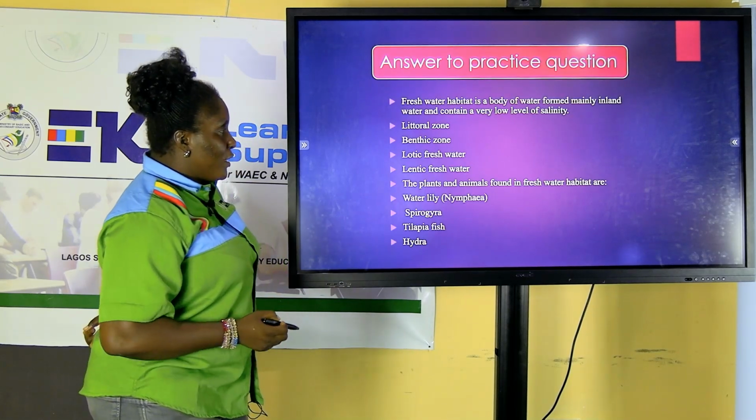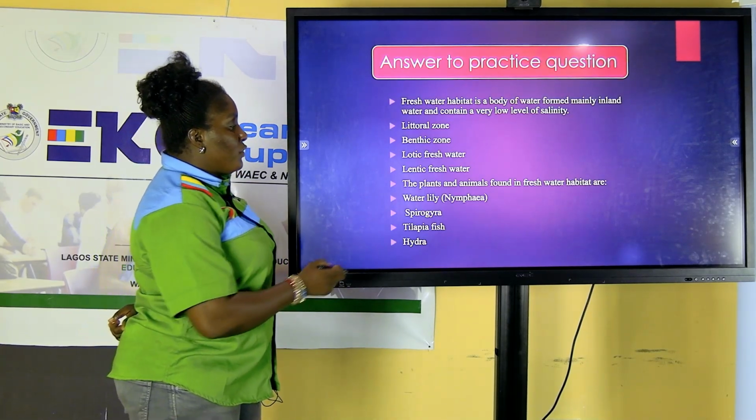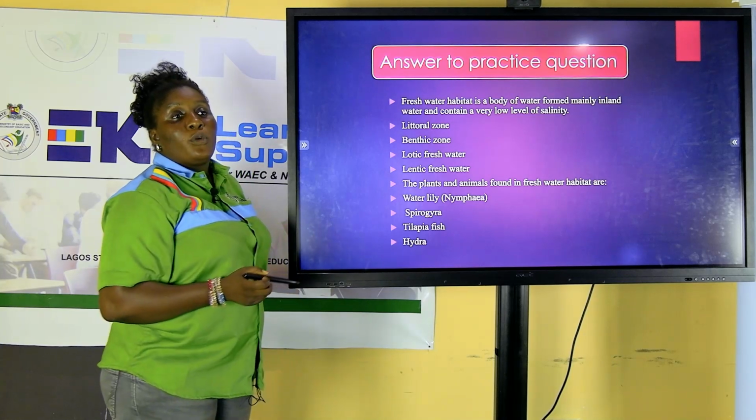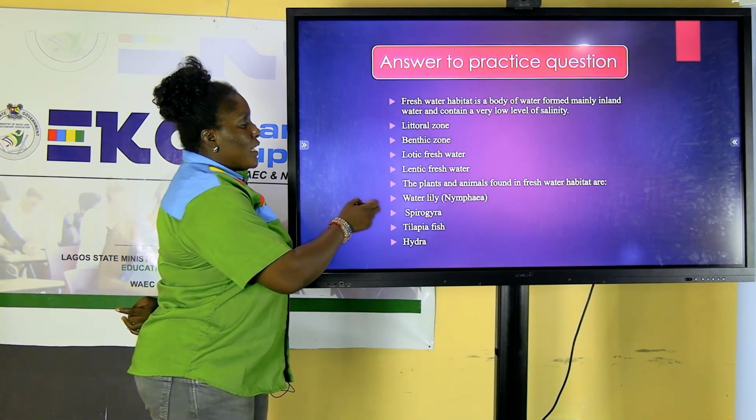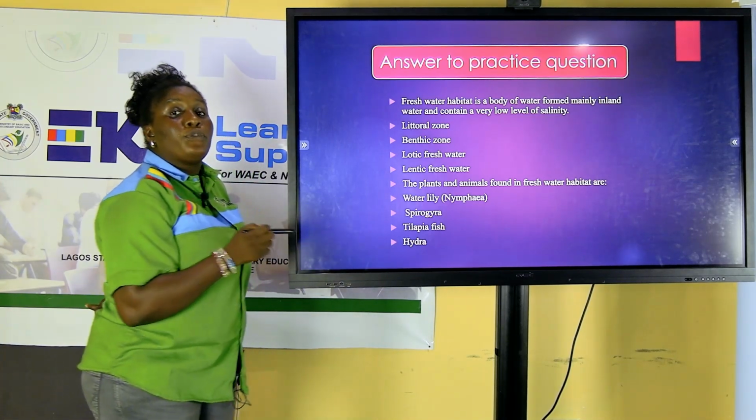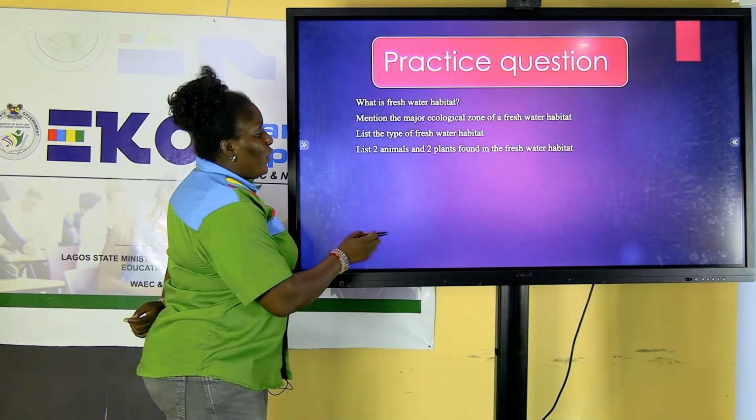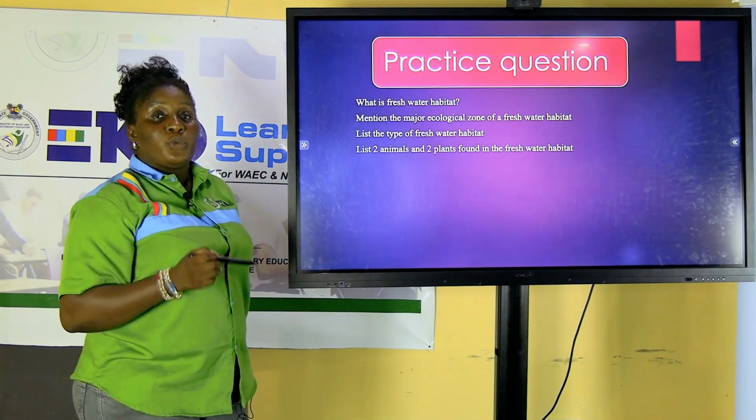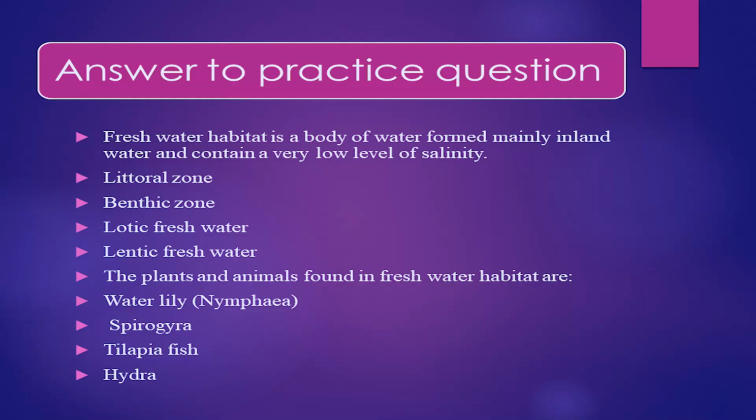For the plants, we have the spirogyra and the water lily, and they serve as the producers in the food chain. Then for animals found in the freshwater habitat, we have the tilapia fish and the shrimps.